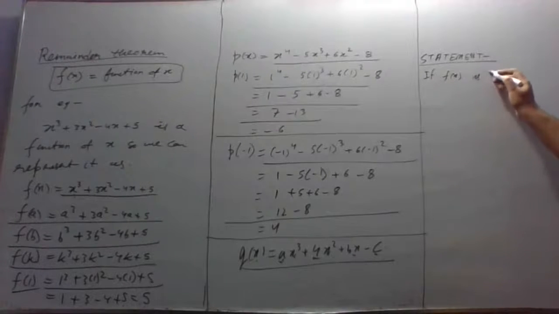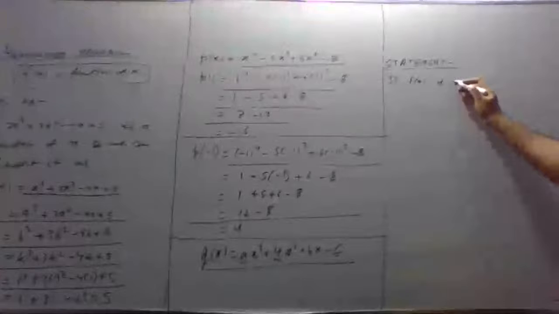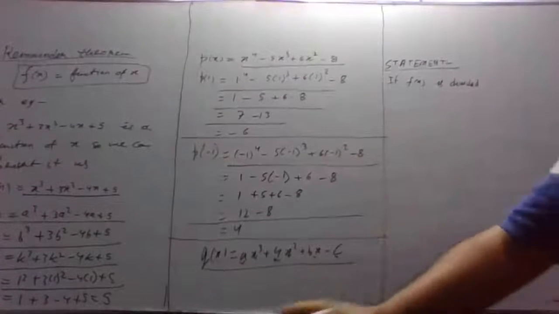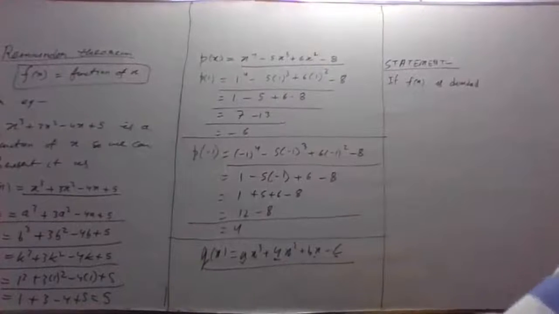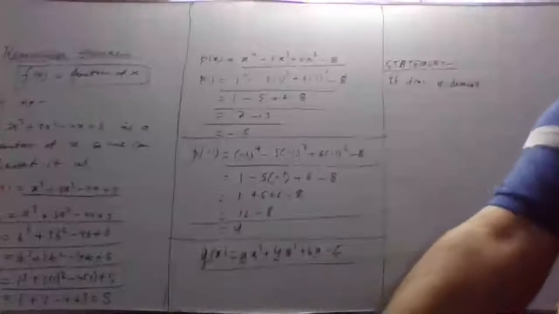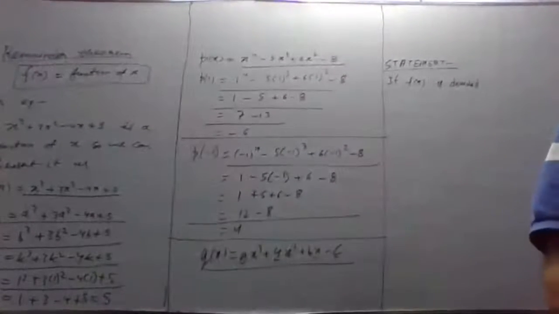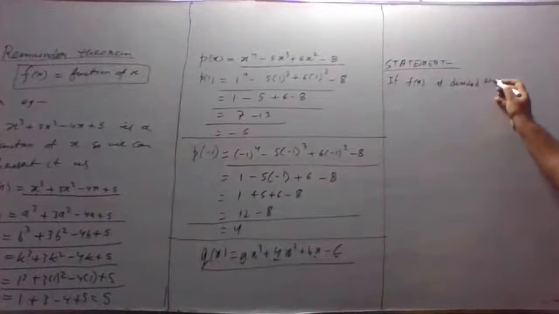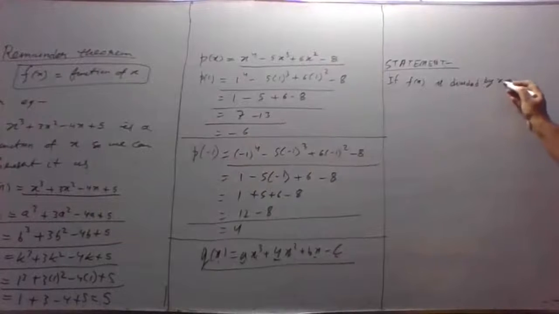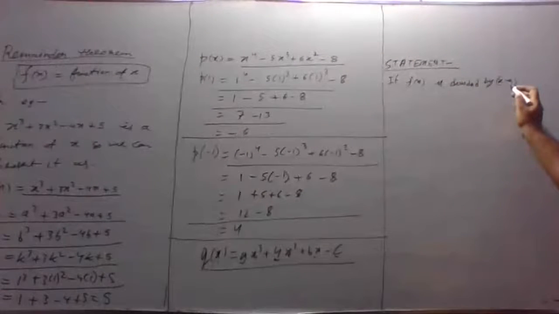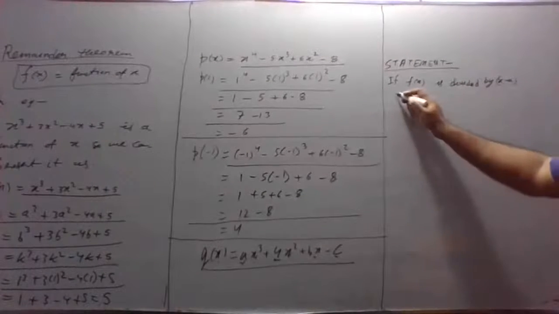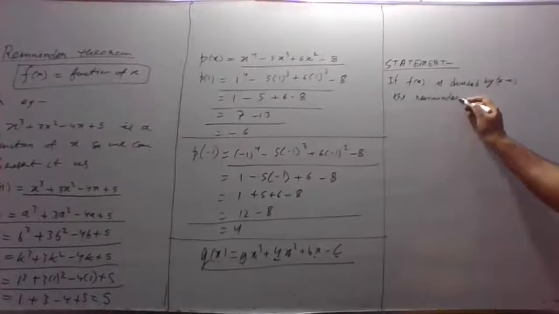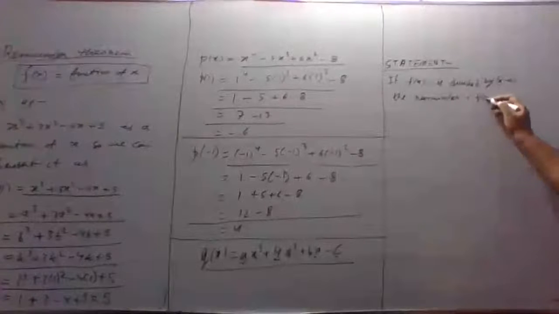If f(x) is divided by x minus a, the remainder equals f(a).